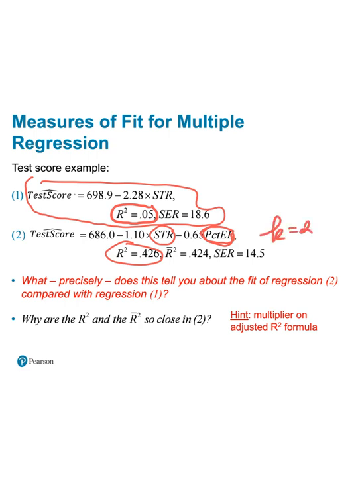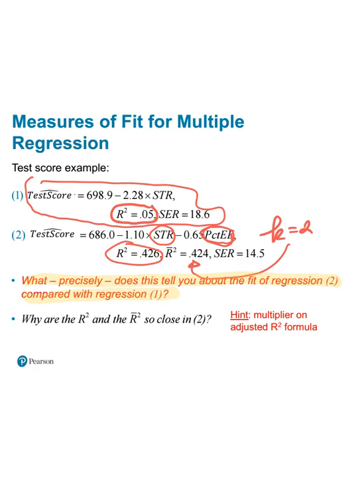We incorporate that into the adjusted R squared equation, and now R squared is slightly less here. So a question that begs to be asked is, what precisely does this tell you about the fit of the regression in the second equation compared with the first one?